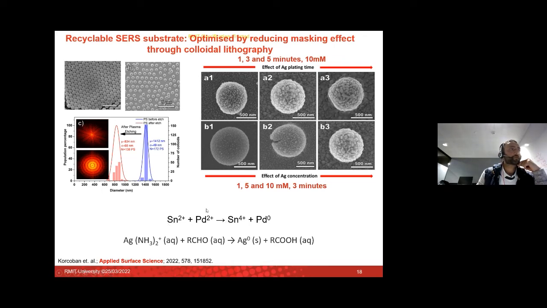So we deposited the seed layer using tin and palladium, and then we used the silver mirror solution to deposit our silver particles at different times, keeping the concentration of the silver constant, and then at different silver concentrations, keeping the time of reaction or deposition constant.